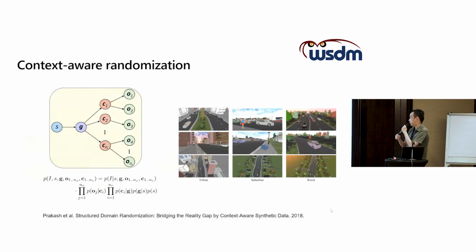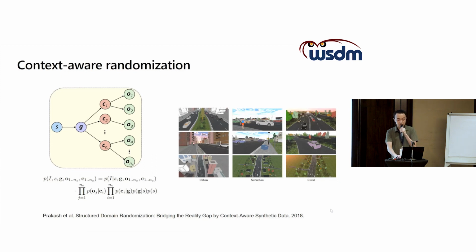For example, in this work, the authors proposed considering this context information as well as the structure information, where a structured domain randomization method is proposed based on probabilistic generative models for the domain generalization problem.